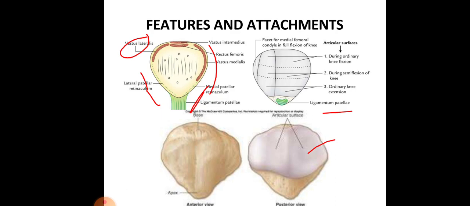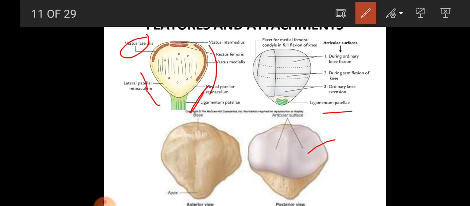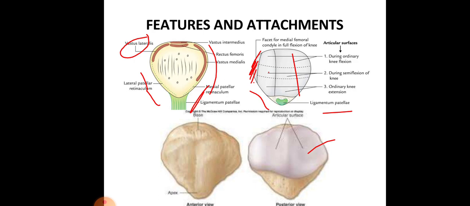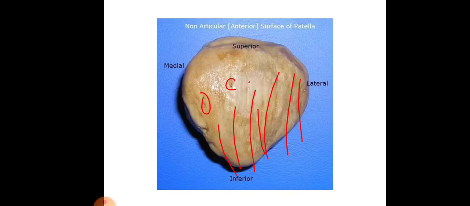Here we can see the large lateral part and the small medial part. This is again divided by a vertical ridge into the medial strip and the lateral part. This medial strip comes in contact with the femur during full flexion.